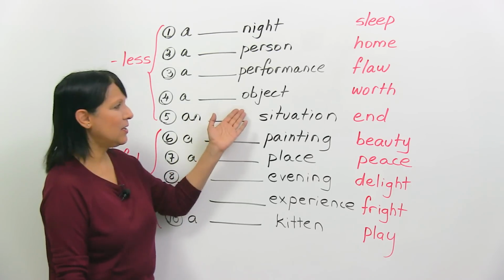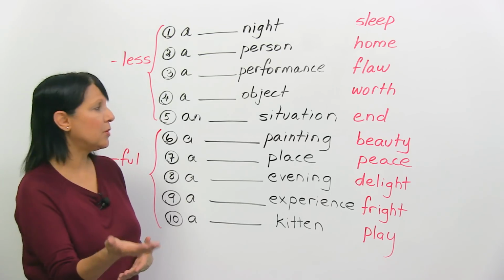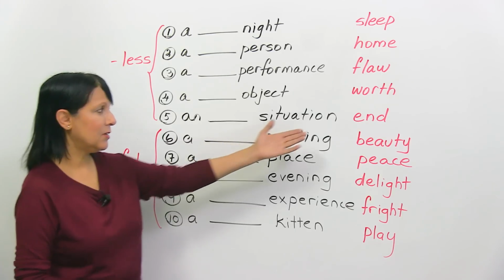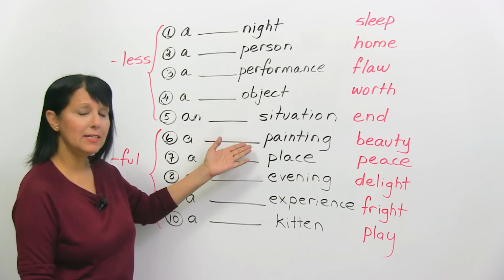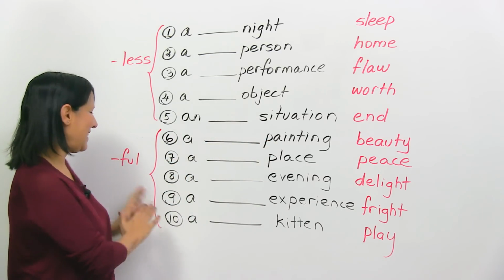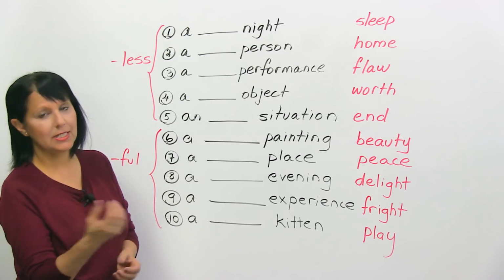So, an object with no worth is called a worthless object. Good. A situation with no end is called an endless situation. Great. Good. All right. Now we look at 5 more where the only suffix we can add is full.